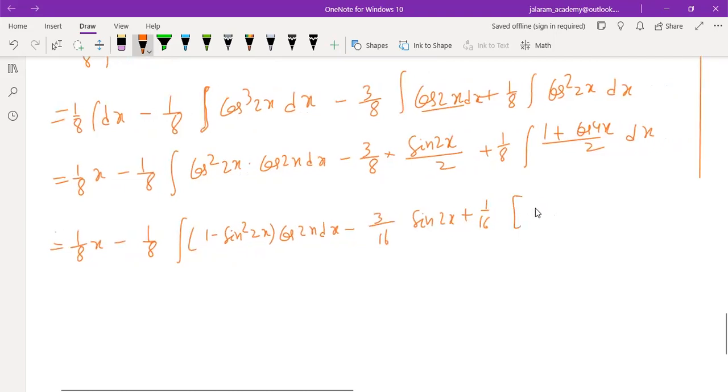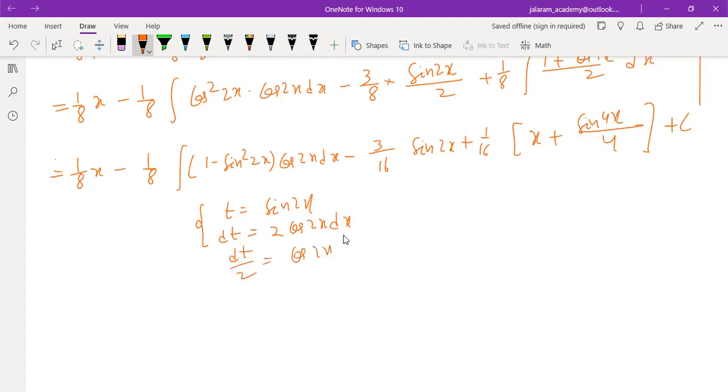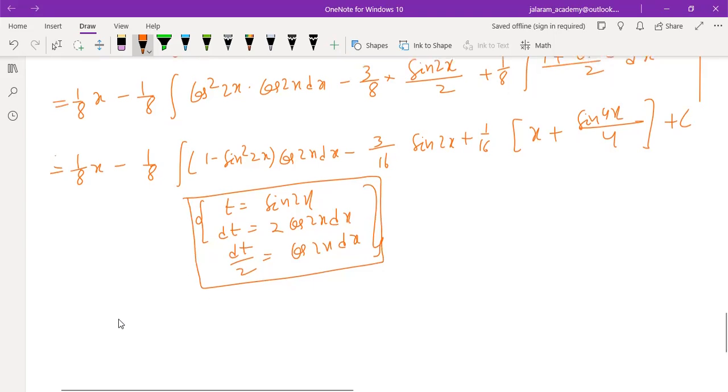Integration of 1 is x and integration of cos 4x is sin 4x upon 4 plus c. For this second integrand, we can take t equals to sin 2x. So dt is equal to 2 into cos 2x dx, so dt by 2 is equal to cos 2x dx. This will be used for second integrand only.